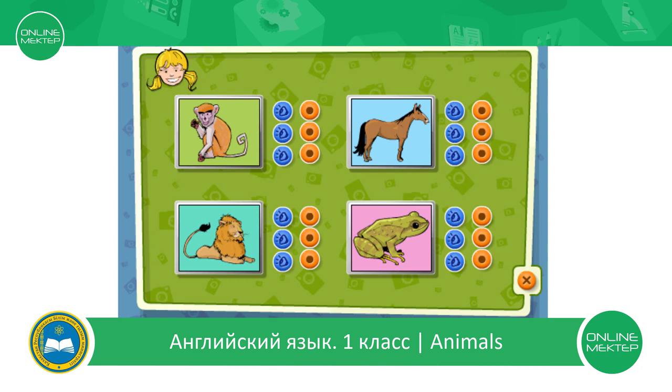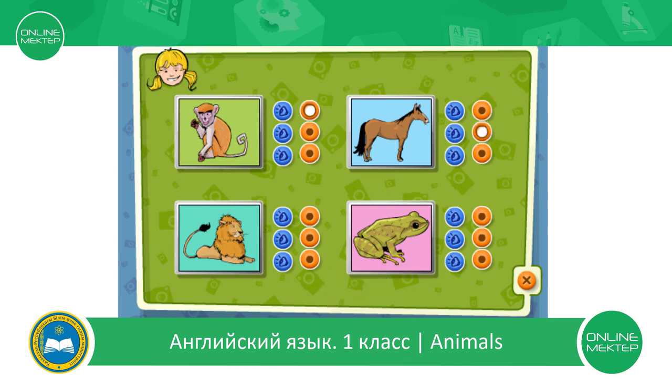Прослушай и выбери правильный ответ. Picture number 1. Monkey. Is this a monkey? Yes, of course. Picture number 2. Bird. Is this a bird? No. Horse. Is this a horse? Yes.